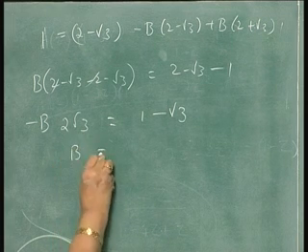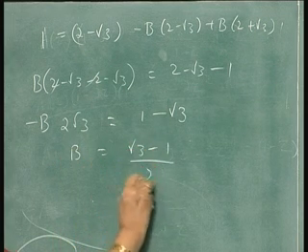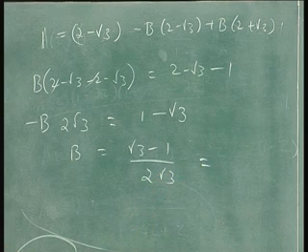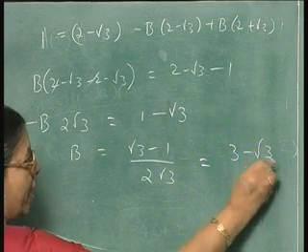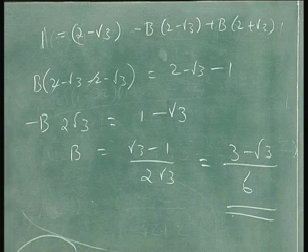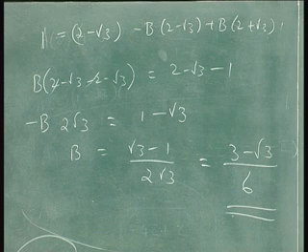So b will be (root 3 minus 1) by 2 root 3, multiplying by root 3 you get (3 minus root 3) by 6. The value of b you get as (3 minus root 3) by 6.